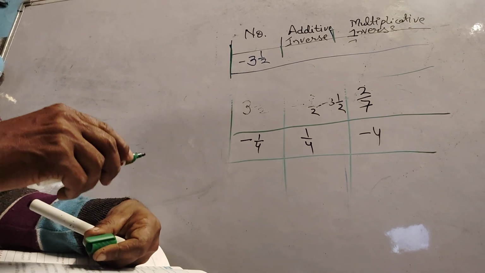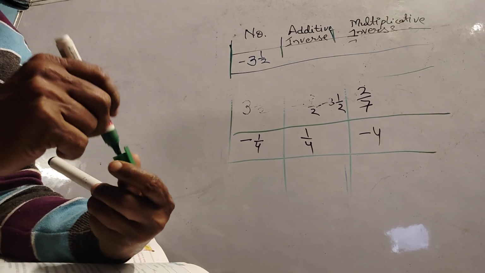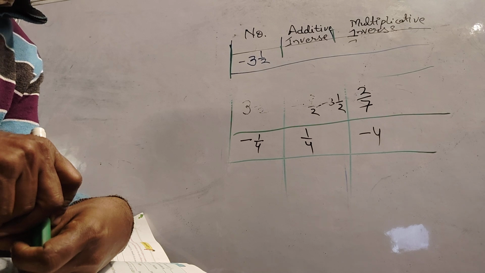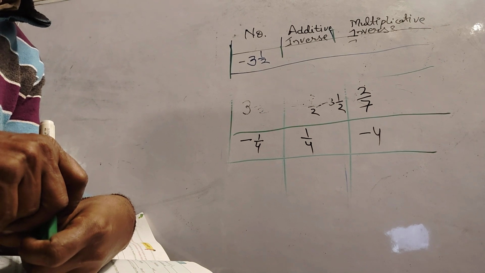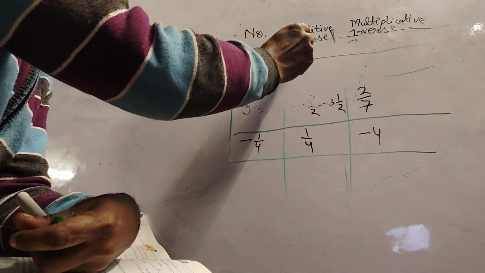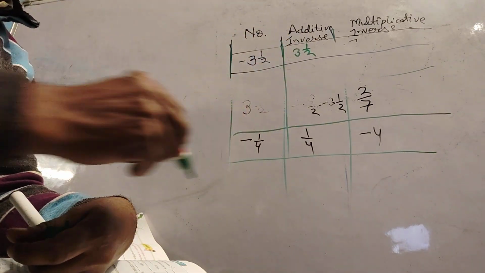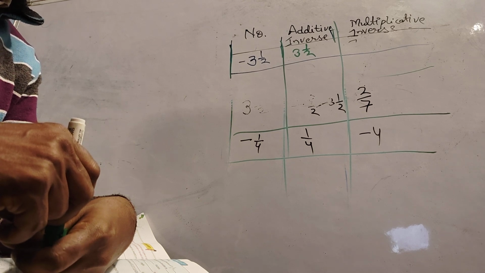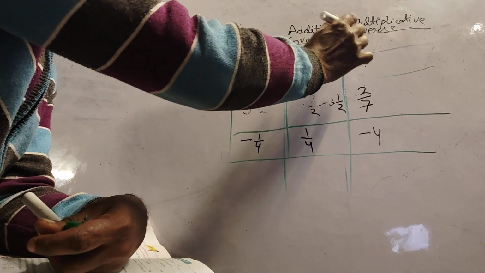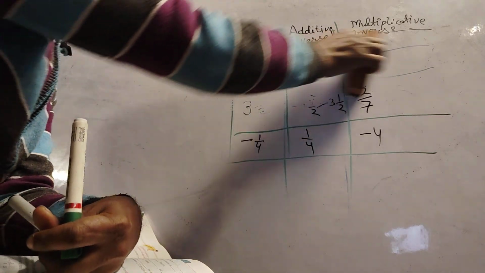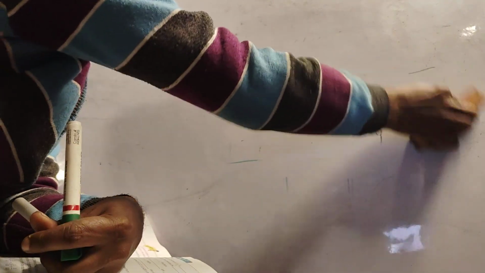The additive inverse is 3 complete 1 over 2, and the multiplicative inverse is negative 2 over 7. So I think we have practiced additive inverse and multiplicative inverse.